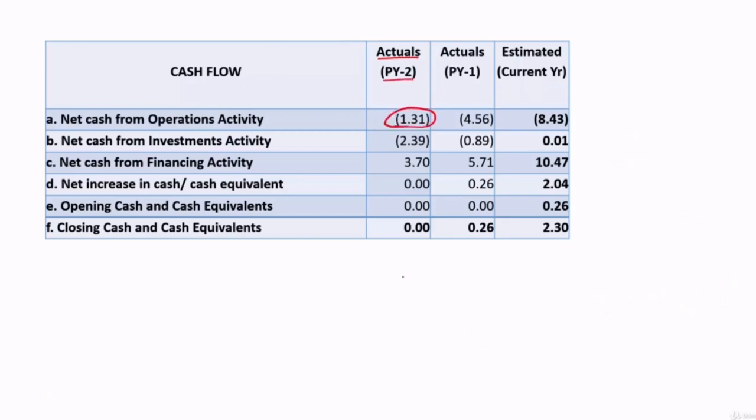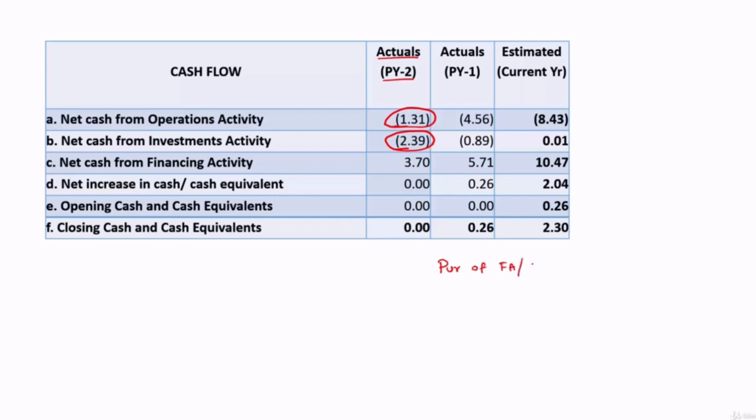So in previous year 2, in their operation they had an outflow of 1.31 crore. It is not only in operations, under investment also they had a 2.39 crore outflow. So negative cash under investment activity indicates there is an outflow, let's say for purchase of fixed assets.